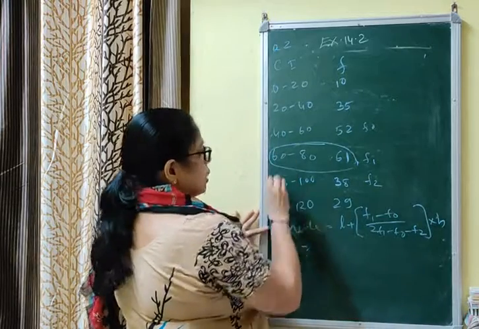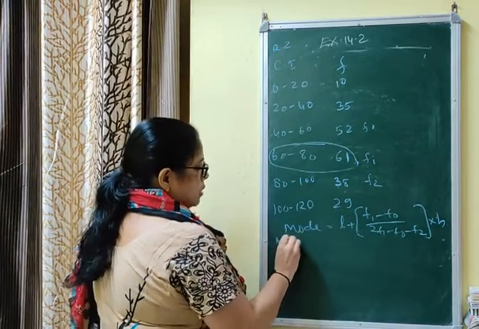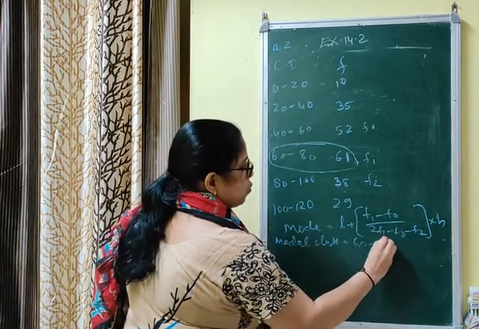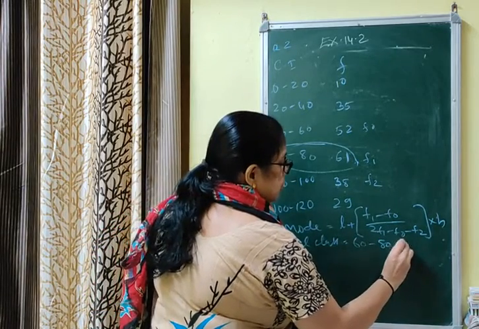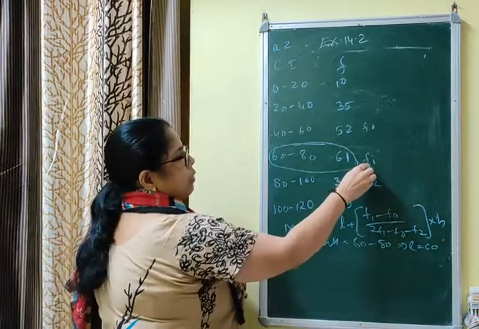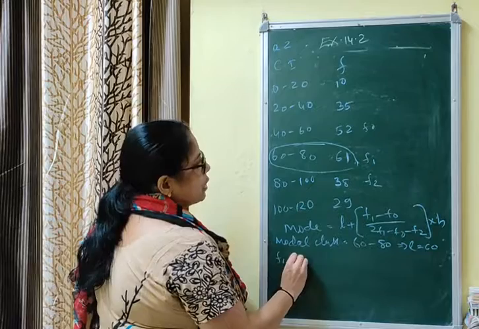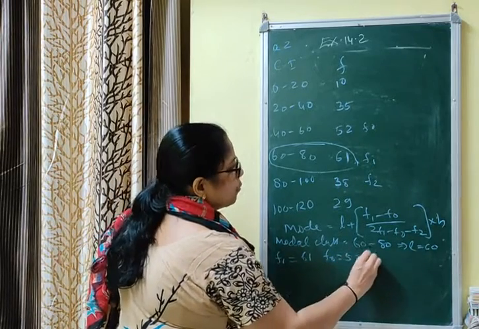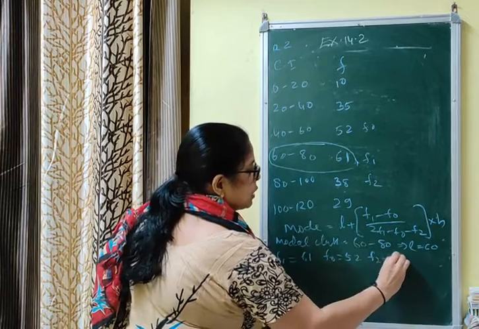Now L is the lower limit of the modal class. First of all, write all the things that we have found. Modal class is equal to 60 to 80, which implies L is equal to 60. F1 is already written here. Then you can write f1 equal to 61, f0 equal to 52, f2 equal to 38.